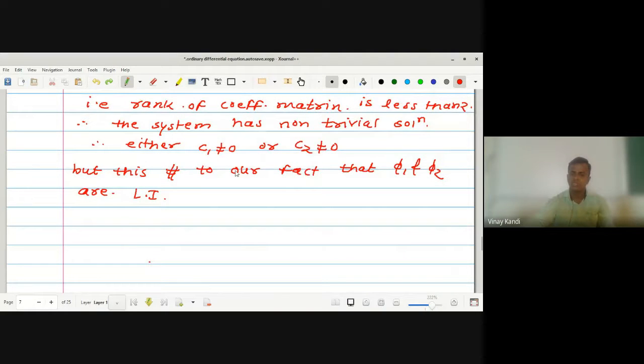But this is a contradiction to our fact that phi1 and phi2 are linearly independent.